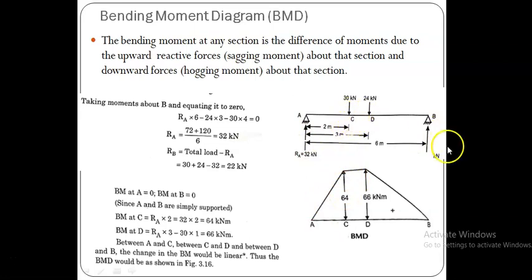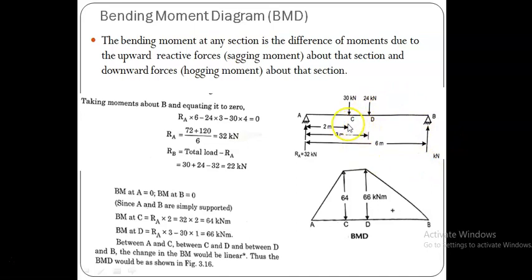Or you can also check from the right side, just by making the algebraic sum of moments. This is the reactive force, 22 kilonewton into 4. I think it is 4 with respect to C. So 22 into 4 is 88 kilonewton meter. It is the moment due to the reactive force.